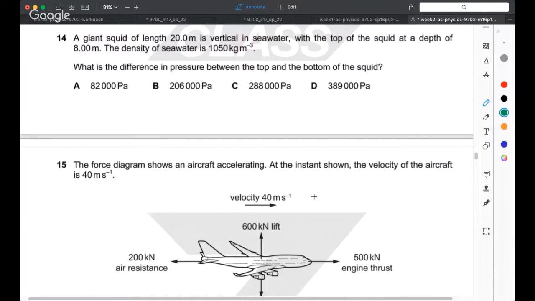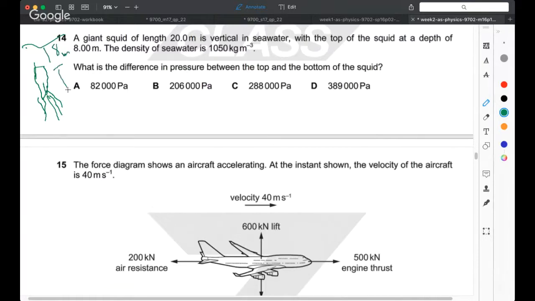So 14. How do you solve this one? So pressure, you need to find the pressure at the top and the bottom. How do you calculate that? So you have to run the math here. You have 8 meters here, right?